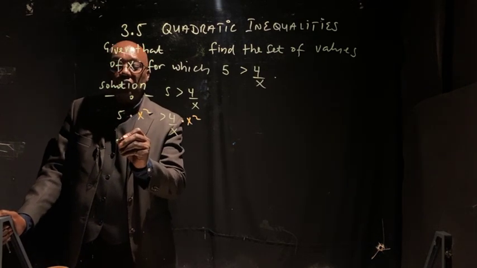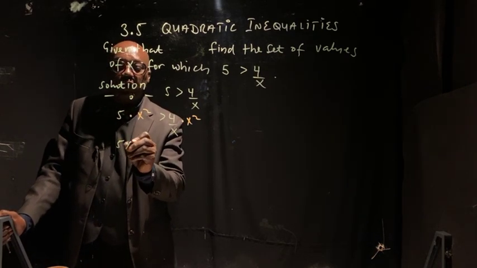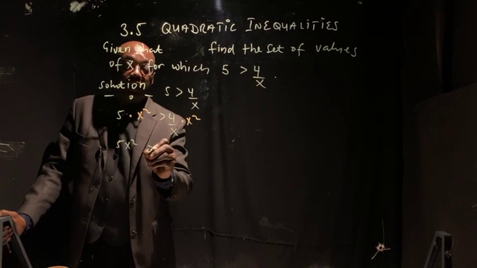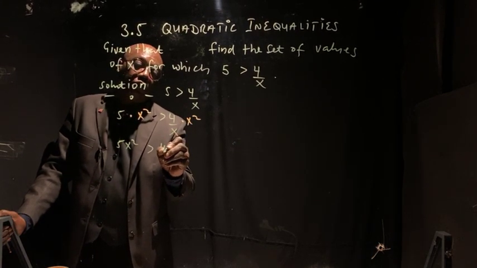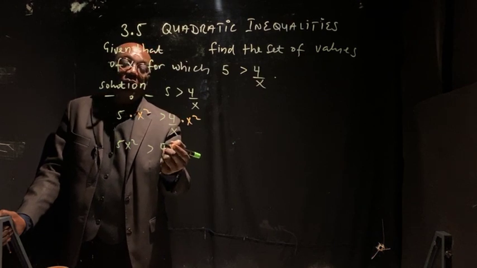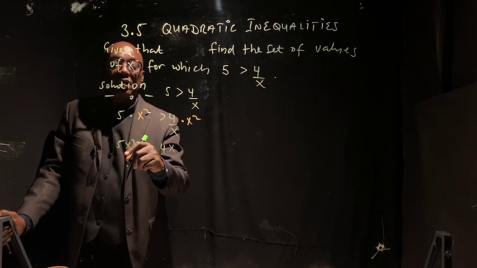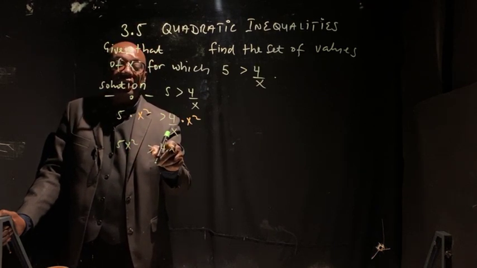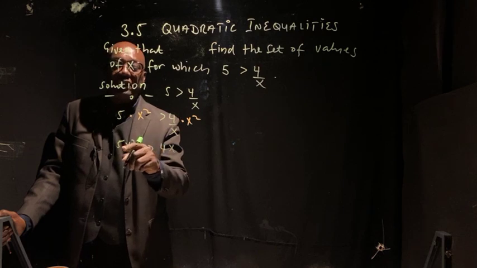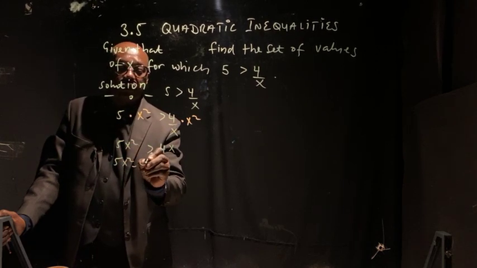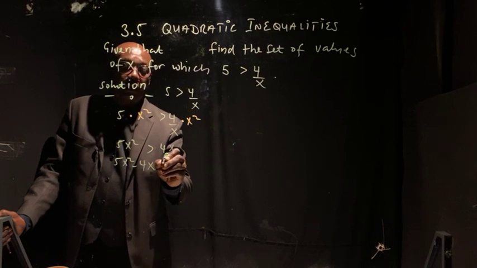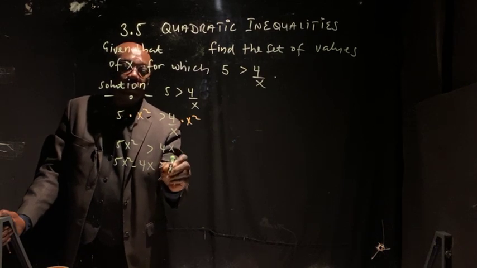So we'll be left with 5x squared is greater than 4x. We bring the 4x to the left-hand side. Being positive over there, it will become negative at the left-hand side. So we have 5x squared minus 4x is greater than 0.